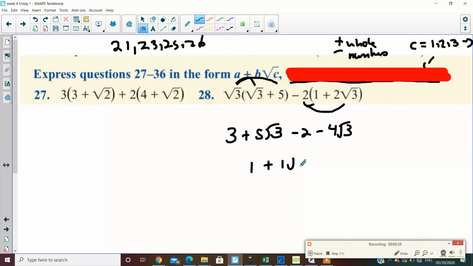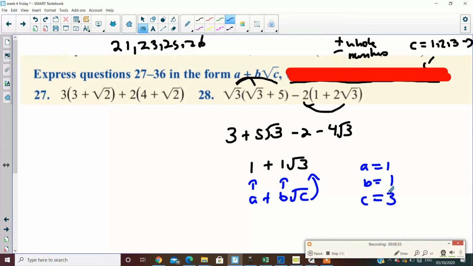Plus 1 root 3. A is 1, B is also 1, and C is 3. See the way the answer lines up similar to the question? Okay. So I've done 28 now.